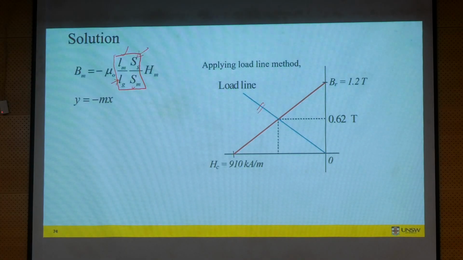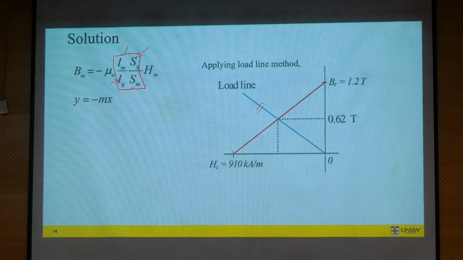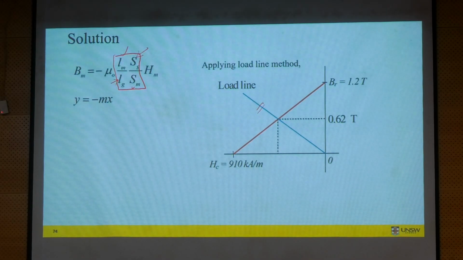But usually for a machine, the air gap length and cross-sectional area are fixed by your stator design or the cylindrical rotor. So Lg and Sg become constant, and the cross-sectional area Sm is also fixed by the design.